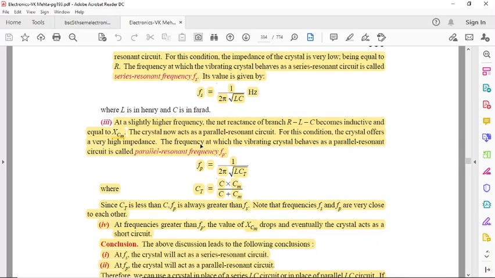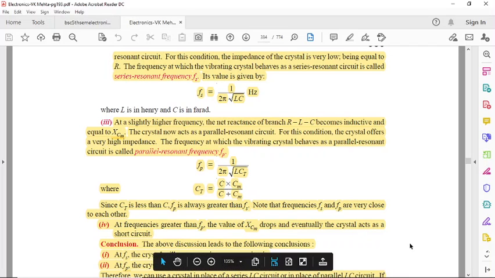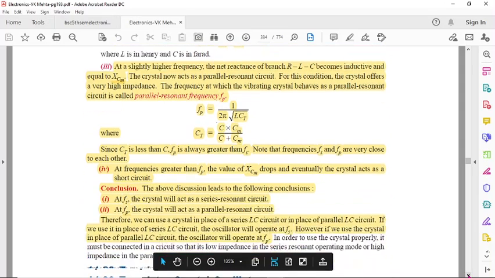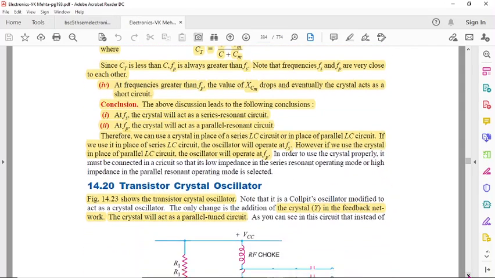The frequency at which the vibrating crystal behaves as a parallel resonant circuit is called parallel resonant frequency Fp. Fp is equal to 1 by 2 pi square root LCt, where Ct is C times Cm by C plus Cm. At frequencies greater than Fp, the value of Xcm drops and eventually the crystal acts as a short circuit.